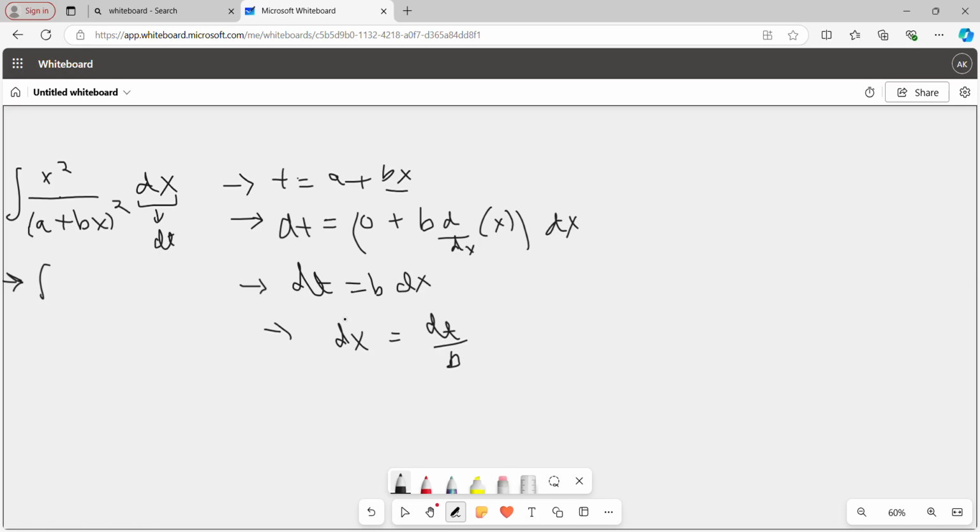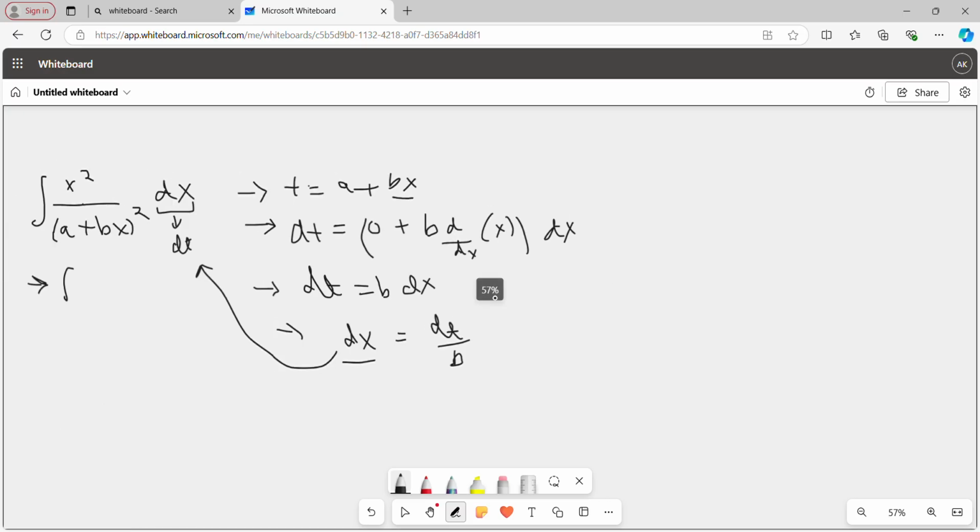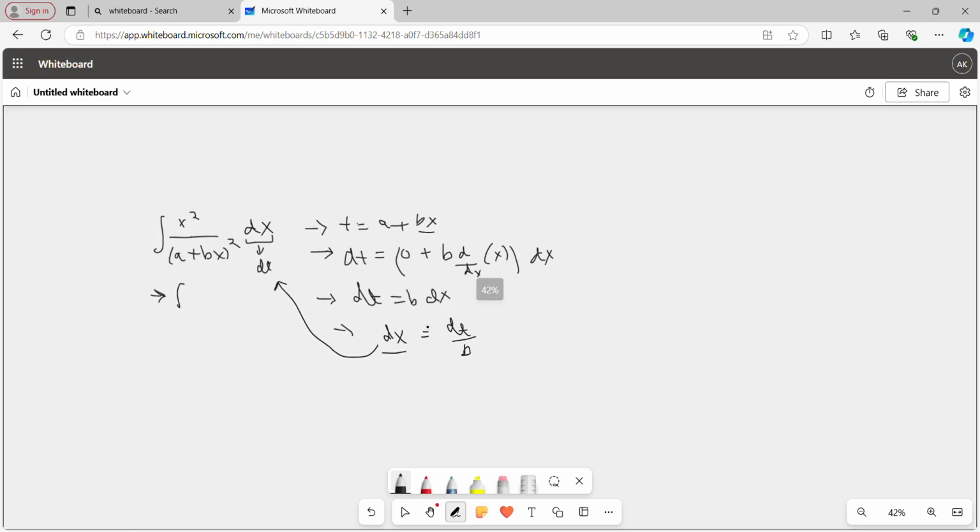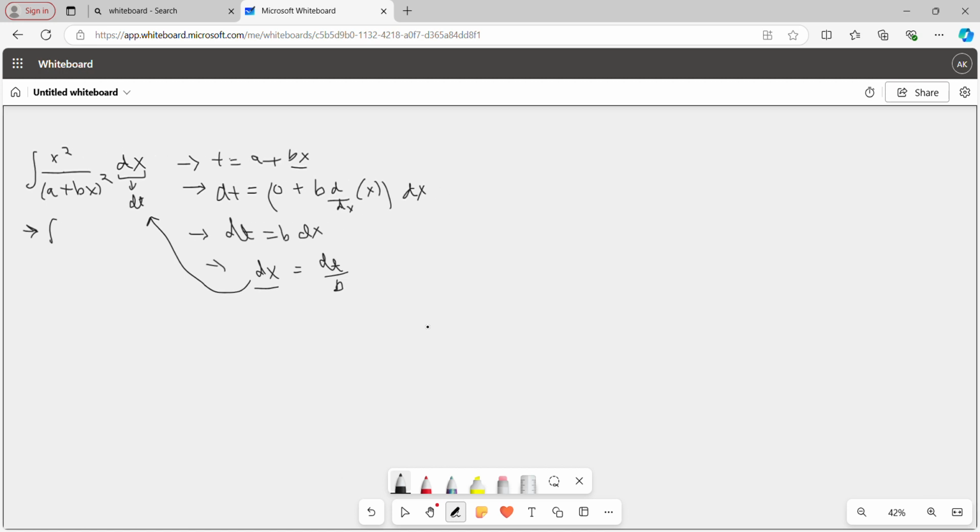Let us put this dx into the main integral. So we get integral x squared by a plus bx, which is t, whole square, into dx. dx is dt by b, so it's going to be dt by b.